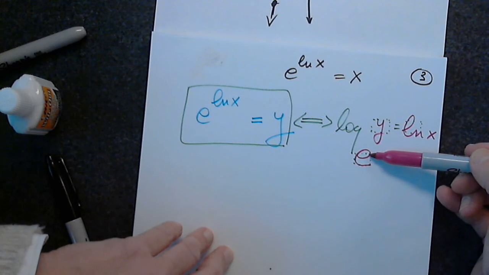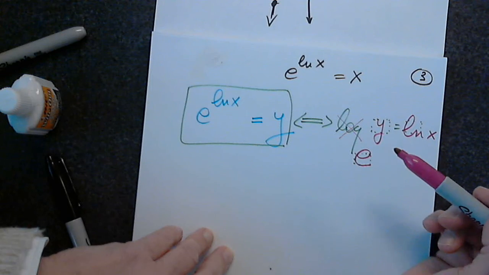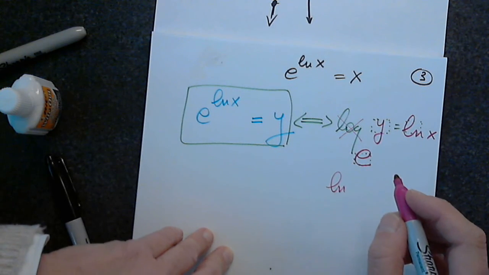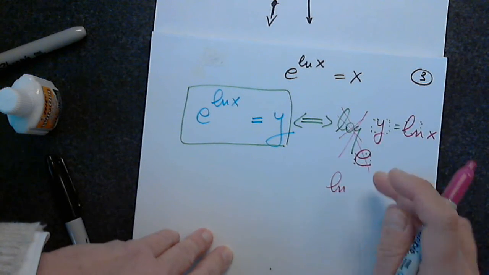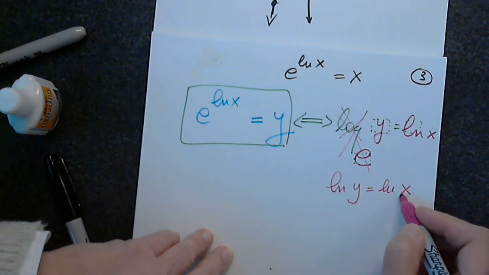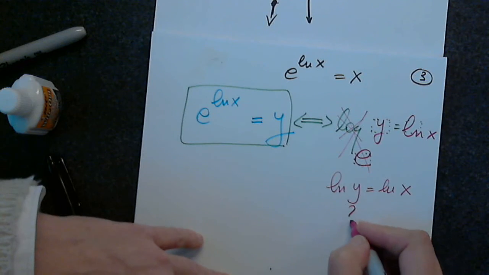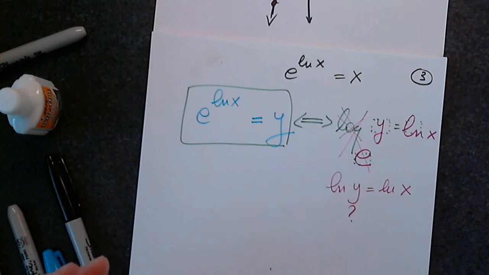Every time the base is e, I cannot use the notation log. I have to use the notation ln. So instead of log base e, I replace it by ln: ln of y equals ln x. What can y be? And now be careful, because natural log is a one-to-one function.